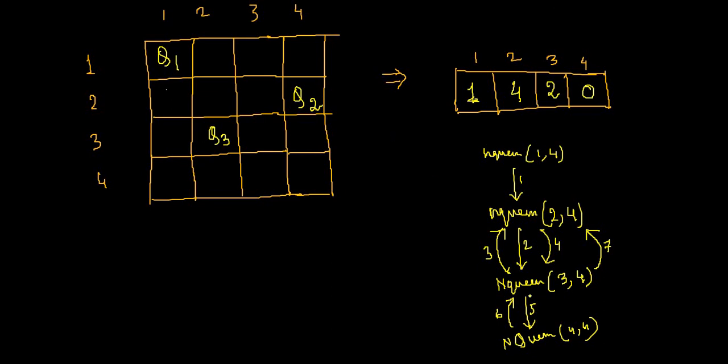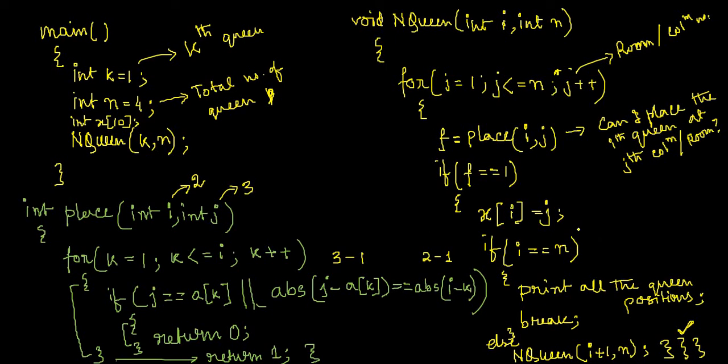That means when queen 3, 4 returns to queen 2, 4, when j resumes again for queen 2, 4 and the loop starts running, at the very beginning the loop will break because j was already 4. So after j plus plus, j becomes 5, and 5 less than or equal to 4 becomes false.